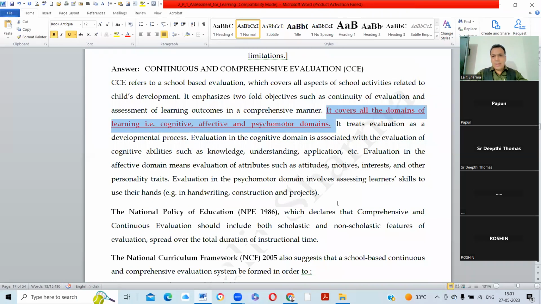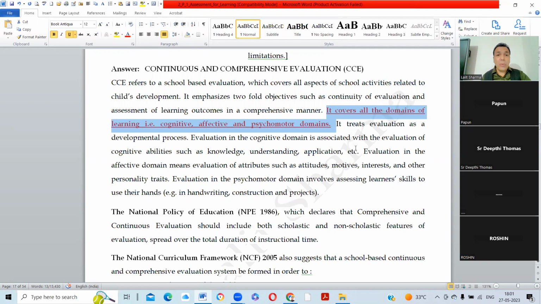CCE covers all the domains of learning. Very important is given. Look at CCE, this is important, you have to define it. CCE covers all the domains of learning: cognitive, affective, and psychomotor.